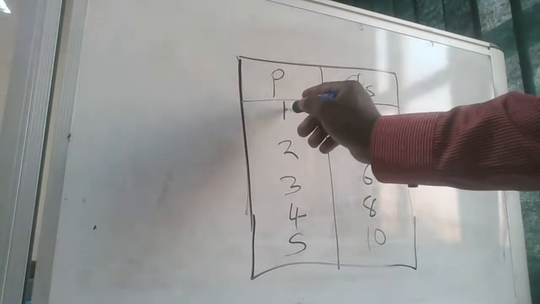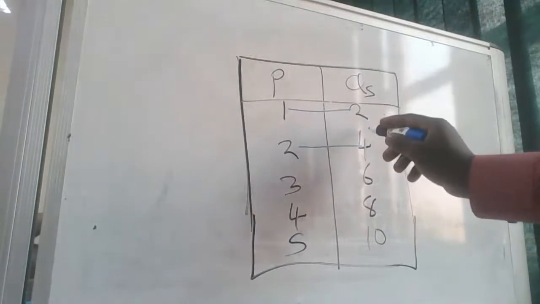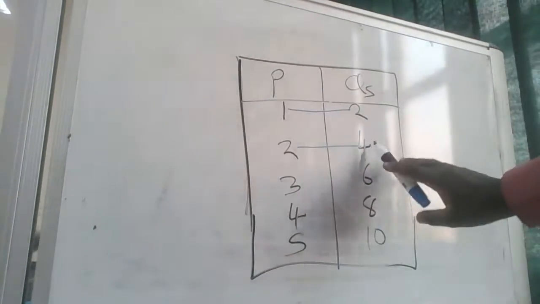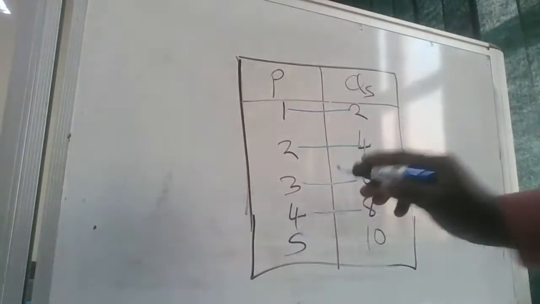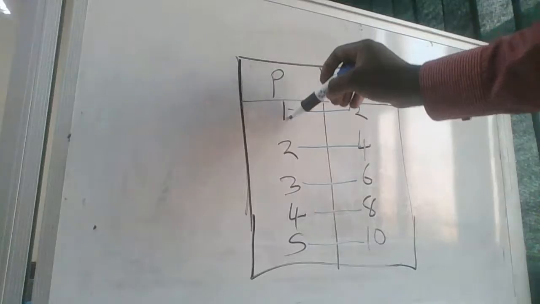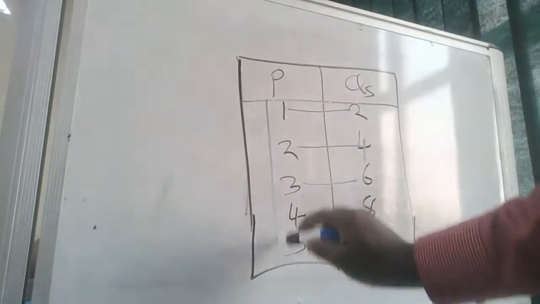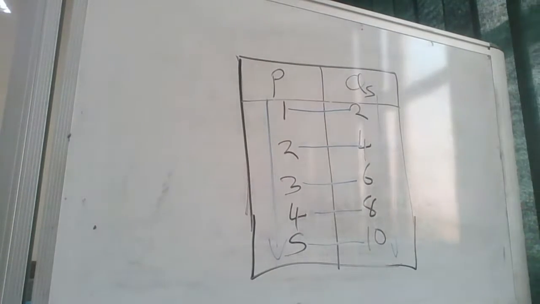You can observe that by doing a mapping. So you see that 1 is mapped into 2, 2 is mapped into 4, 3 is mapped into 6, 4 is mapped into 8, and 5 is mapped into 10. The more the price is increasing, the more the quantity will be supplied on the market.